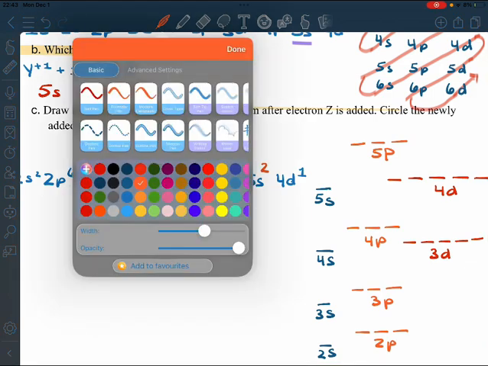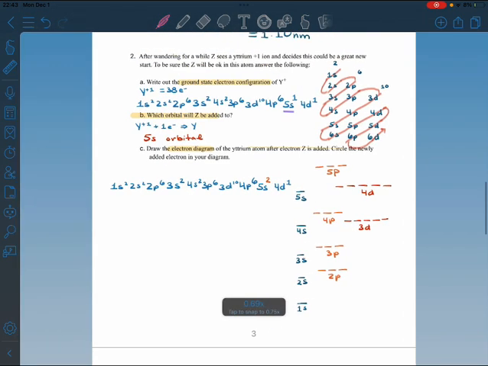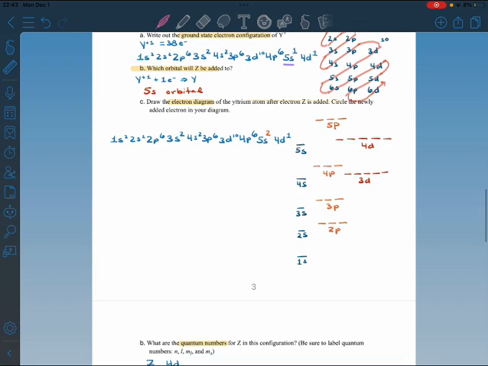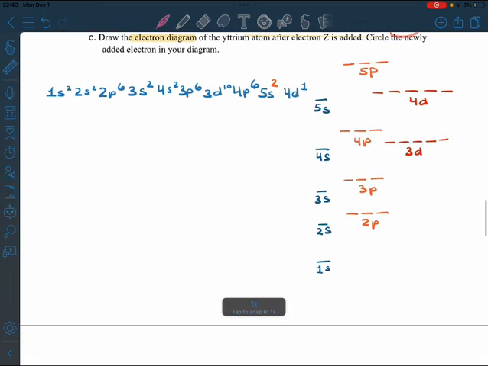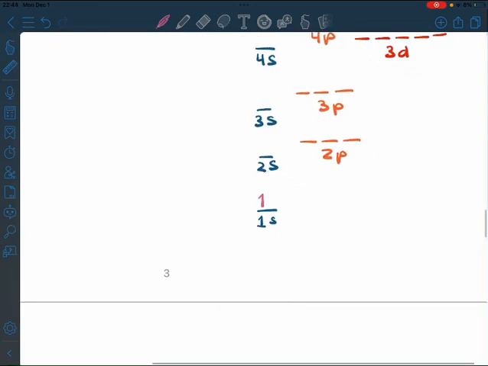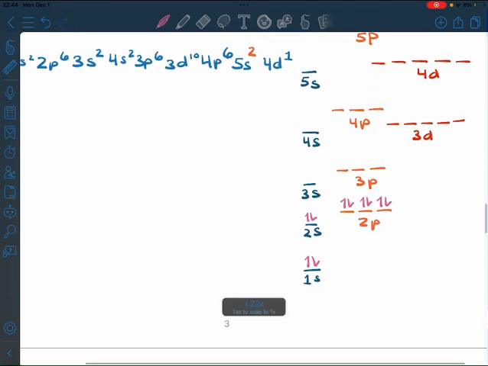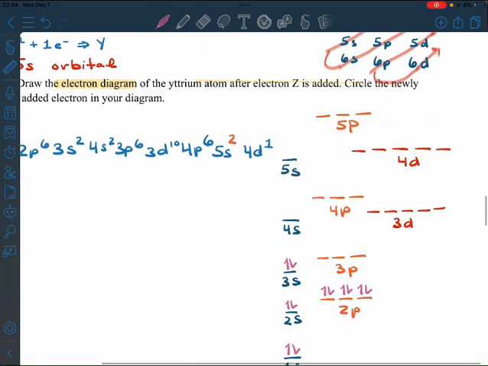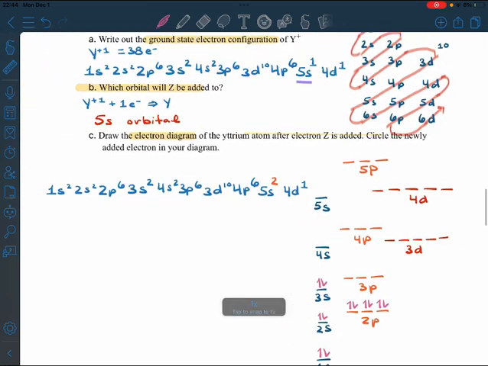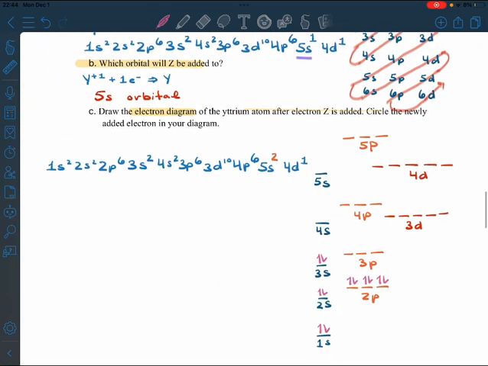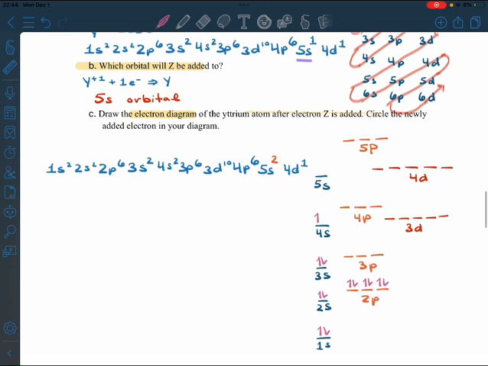So now I can go ahead and draw in all my electrons based off this ground state electron configuration right here. So let's go ahead and put our electrons in, and try and go quickly. Okay, after 2p comes, let's see, 2p, then 3s. After 3s comes 4s actually. 4s, then 3p.